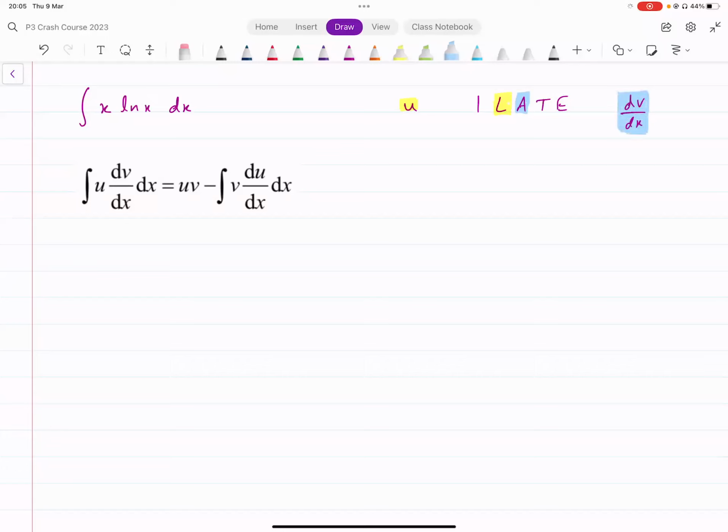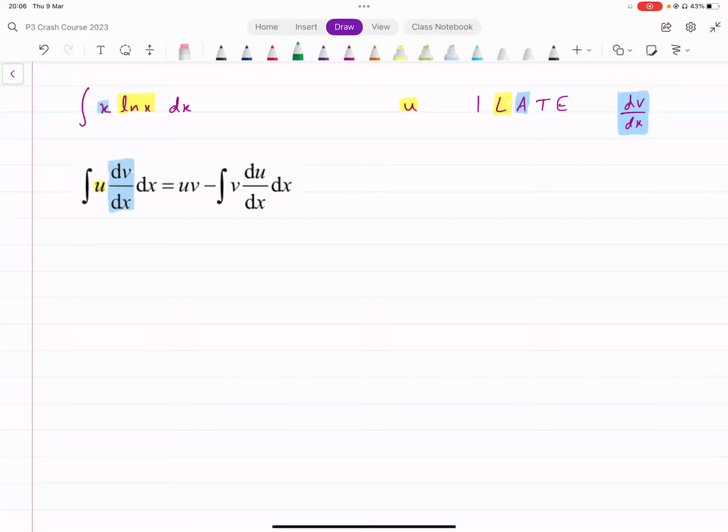So in this case, we should be taking log as u and x as dv over dx. All right, so let me just present that here. u should be ln of x and dv over dx should be x here.